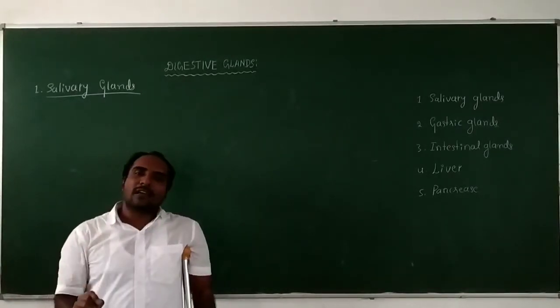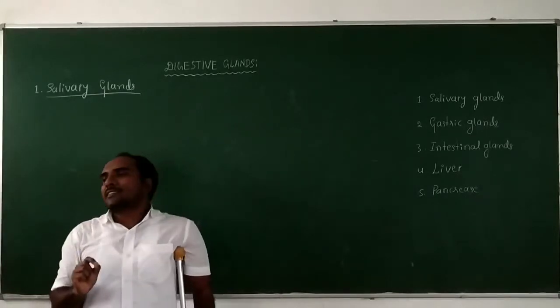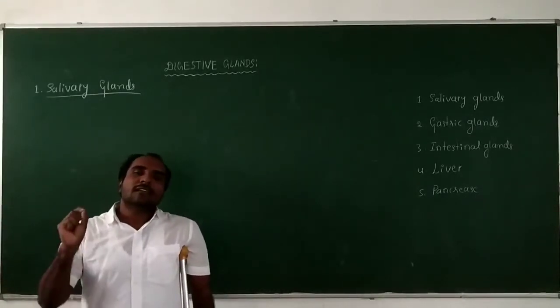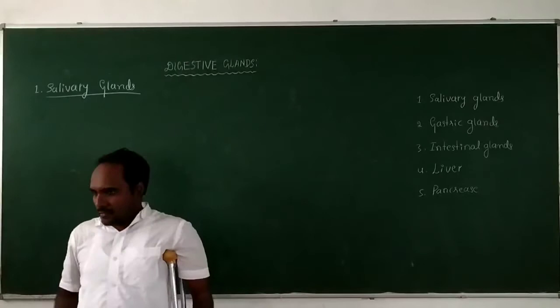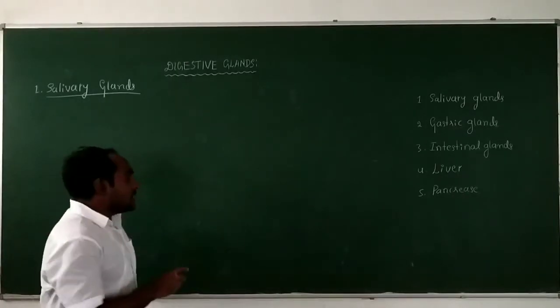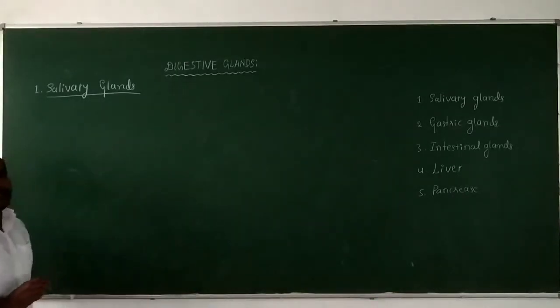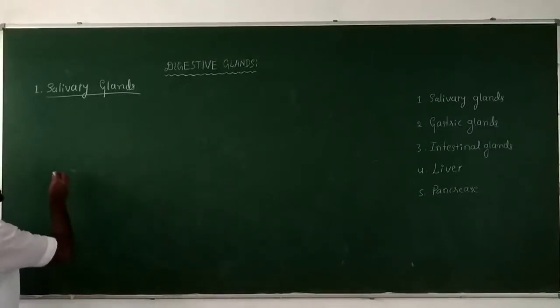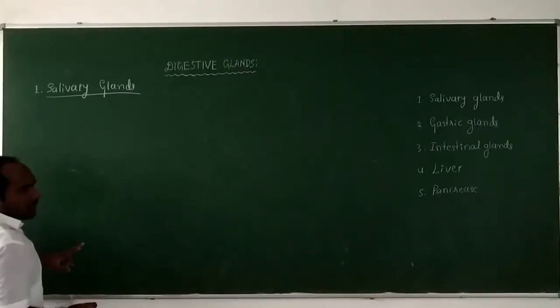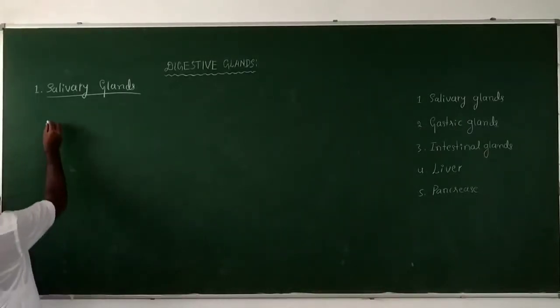What do we call the digestive glands present in the mouth? We call them salivary glands. Actually, there are 3 pairs of salivary glands present in the mouth cavity. How many salivary glands are there? 3 pairs. Which ones?